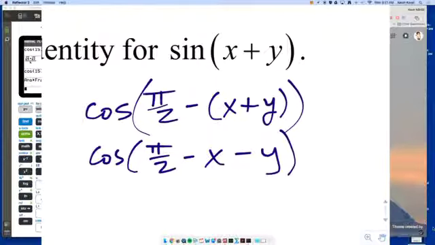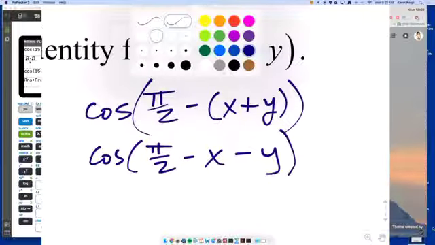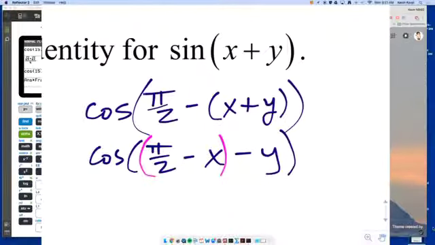And now what I'm going to do is associate the first two together and the last one separately. So now what I have, by grouping them that way, after I distribute the negative, I have cosine of some angle minus some other angle, right? So my first angle is still a composite, an angle, but I can treat it as a single unit.